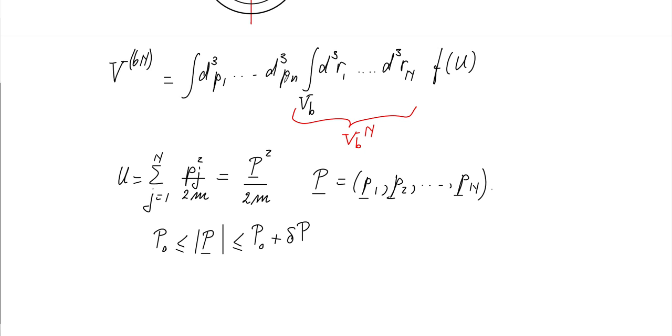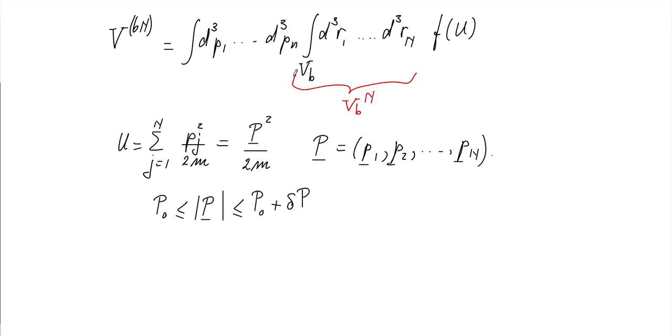And we shall not really calculate that integral in detail, but we shall use that the volume of such a spherical shell is the area of the shell times the thickness. So that's the volume in the 3n-dimensional momentum space.